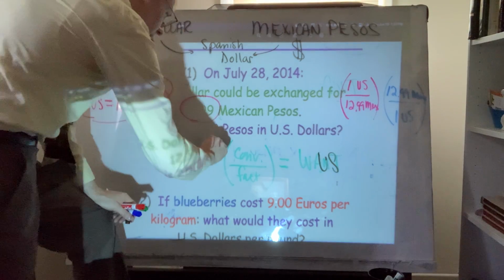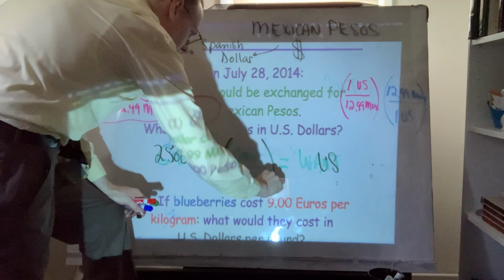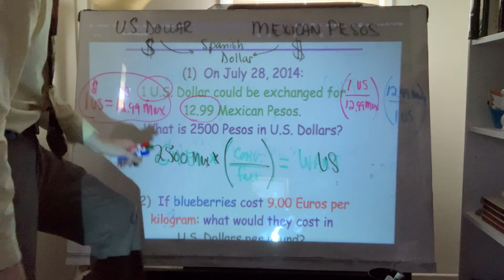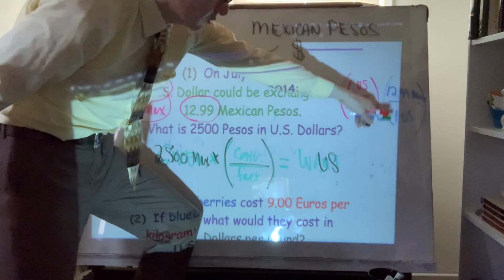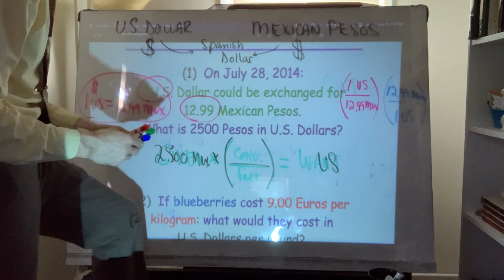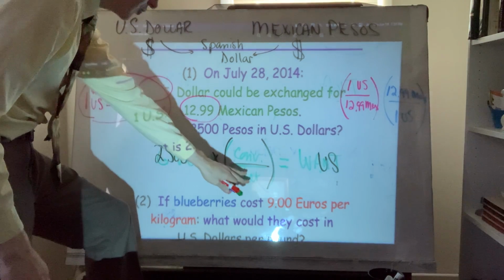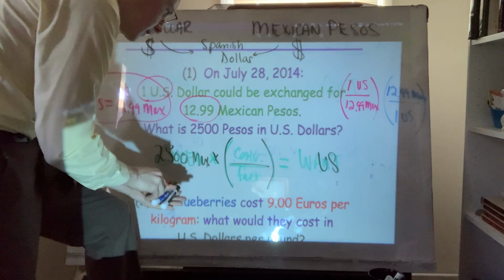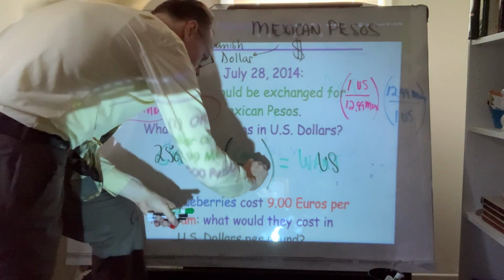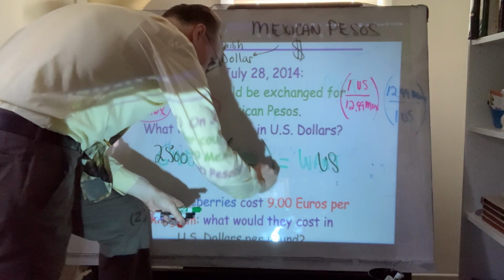Now, we will decide the orientation as either this orientation or this orientation, based upon what we have to cancel. We want to cancel out Mexican pesos. So what we will do is we'll put Mex here, and we'll put US here.